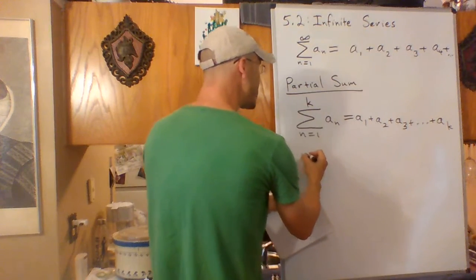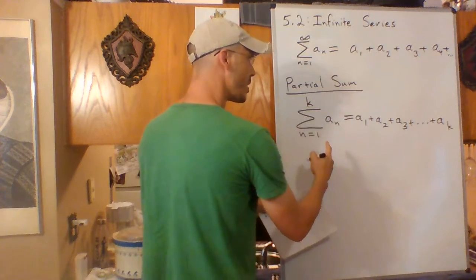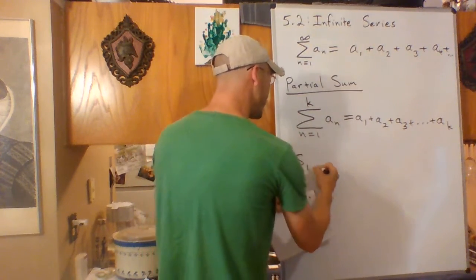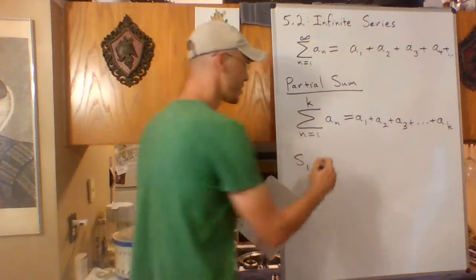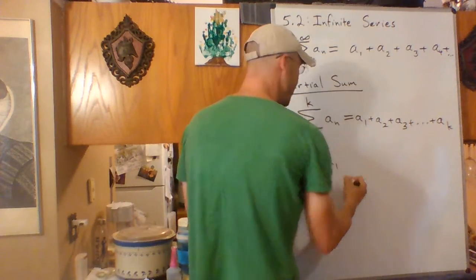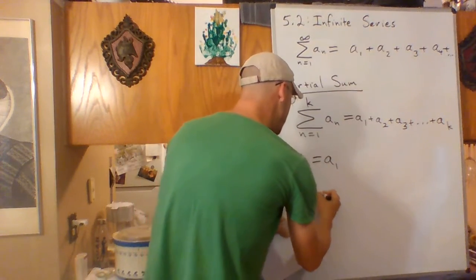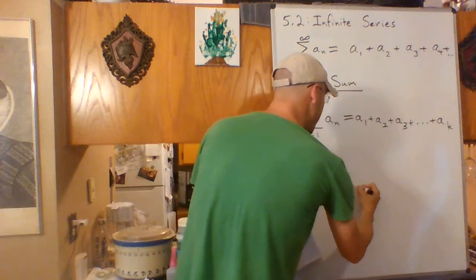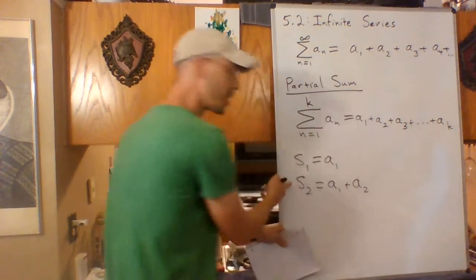So the notation for these, let's look at some of them. S1 is the first partial sum, and that's really just the first term of the sequence. Nothing special there, but S2 is the sum of the first two terms of the sequence, the second partial sum.